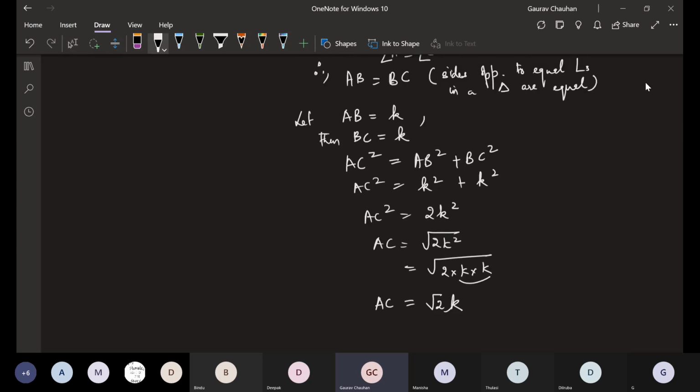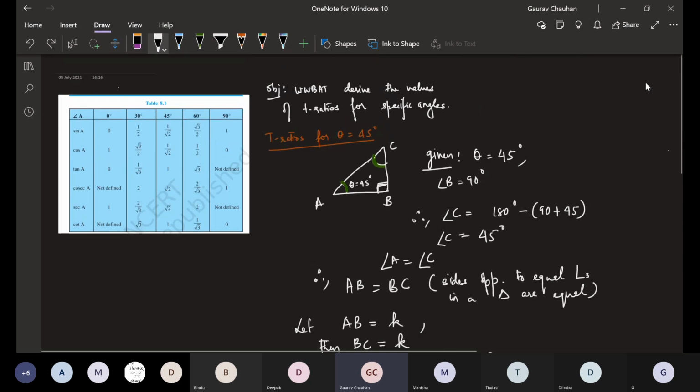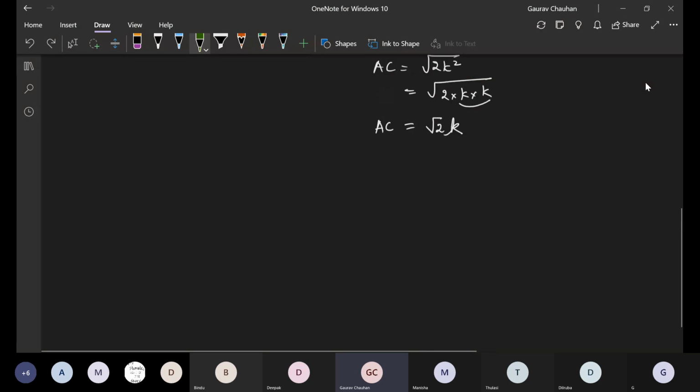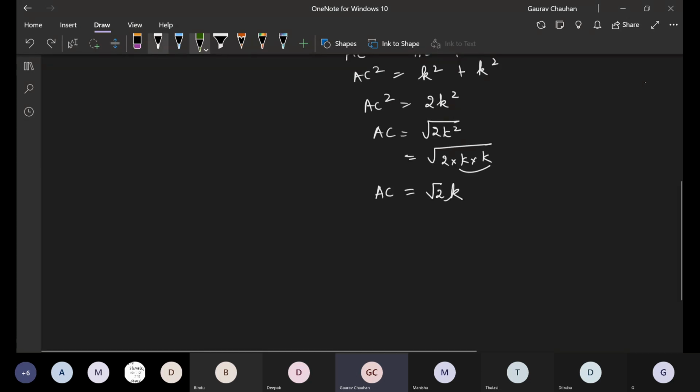Now what I have in the 45-degree triangle is AB as K, BC as K, and AC as root 2K. I'll just redraw this triangle so that we get these measures.